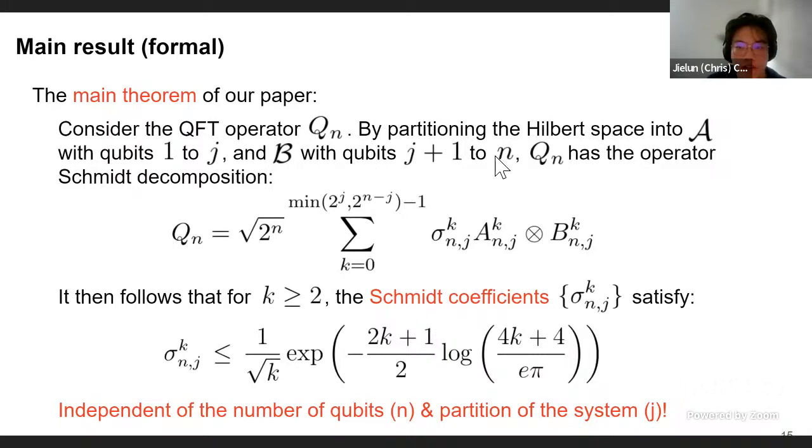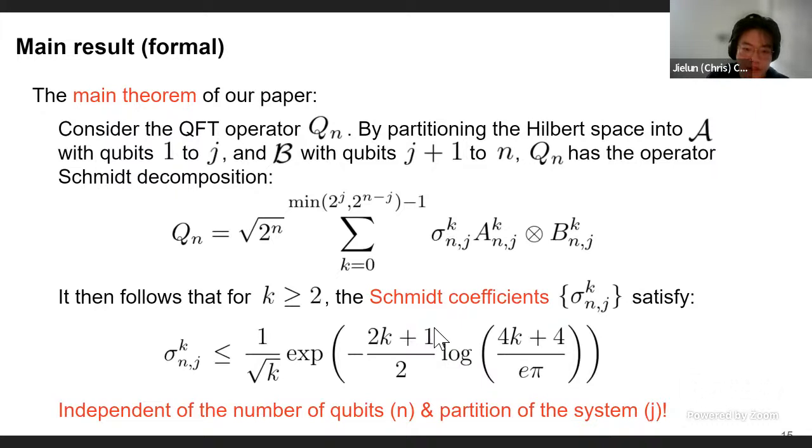It turns out Qn has a Schmidt decomposition of this form. For the Schmidt coefficients, we find that for k greater than or equal to 2, they have this extremely fast exponential decay. This decay is actually independent of the number of qubits and the partition of the system, because there's no dependence on n and j in this decay relation.